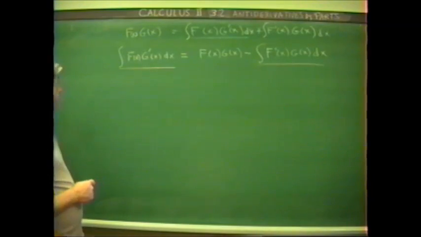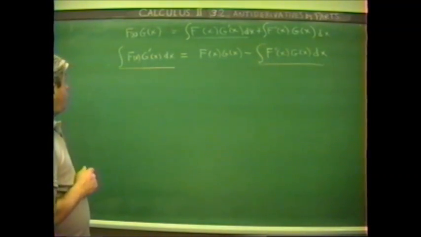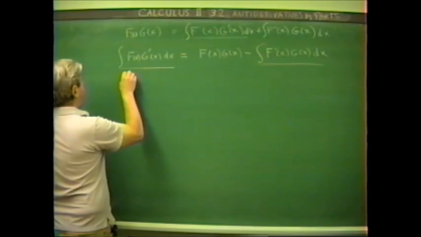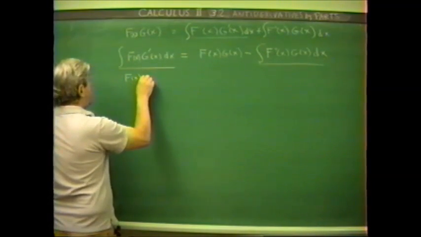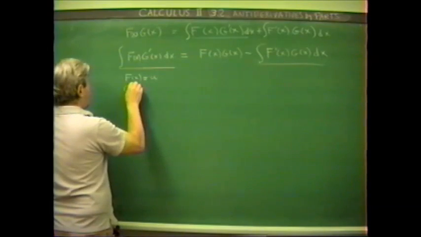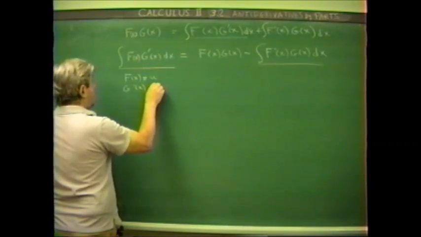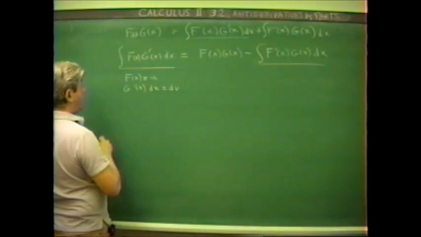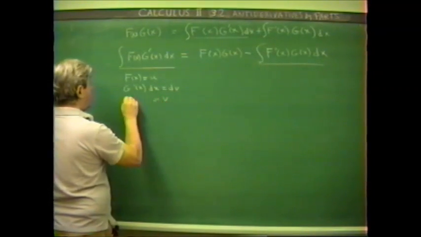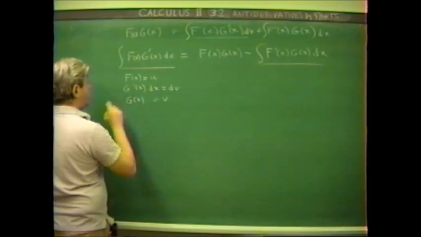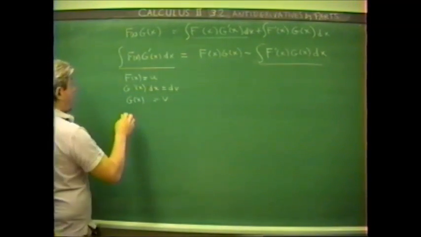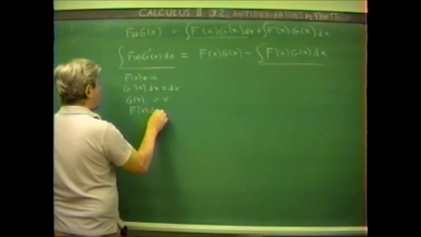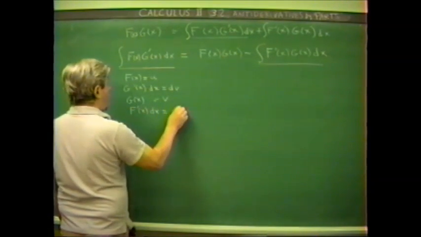Now, people like to think of this in several ways. One of them is this. If you let f of x be equal to u, and g prime of x dx be equal to dv, that's to say, if we let v be g of x, then dv is going to be g prime of x dx, and f prime of x dx will be equal to du.